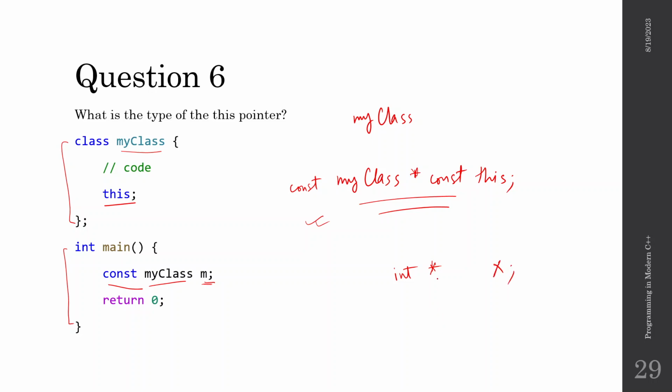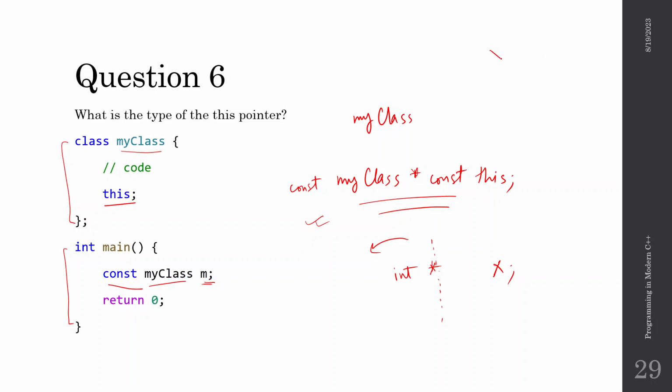How do we say what is const, or what is the meaning of this? We draw an imaginary line through the star. If const is on the left, it does not mean x is const; it means that whatever it is pointing to is constant. So the pointee is constant.